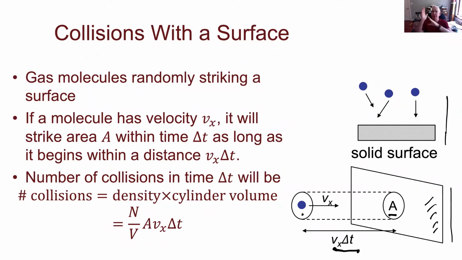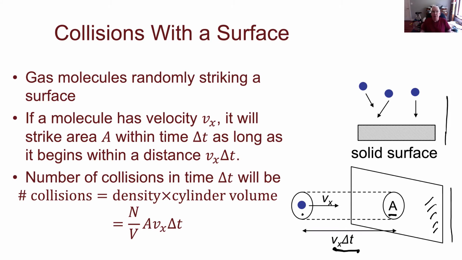So here's my surface. If I trace out a distance equal to Vx times delta t, remember Vx is a speed, so it's got units of distance over time, right? Multiply that by delta t, that's a time, so now I've got distance. So Vx delta t is a distance. If I start off any place in this range, then by the time delta t has elapsed, I will have reached the surface and struck it, okay?